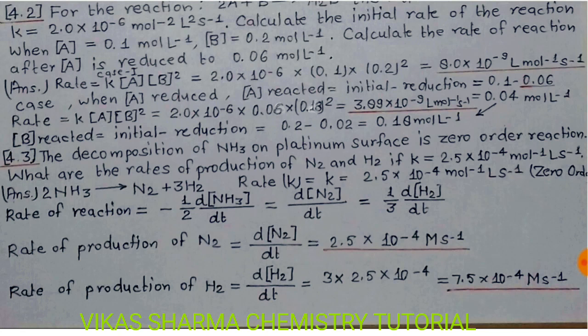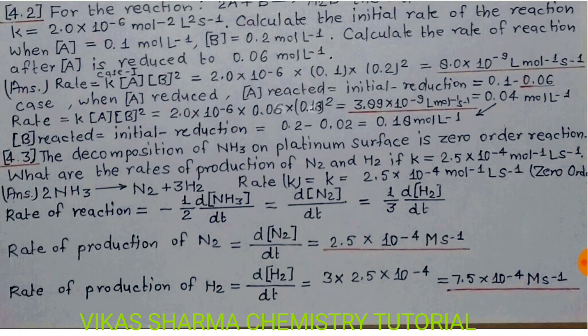So students, first we solve this question stepwise. We divide this question into two segments. First we take the first case. Rate of a chemical reaction is equal to k, the rate constant, concentration of A, concentration of B squared. Values are given in the question.